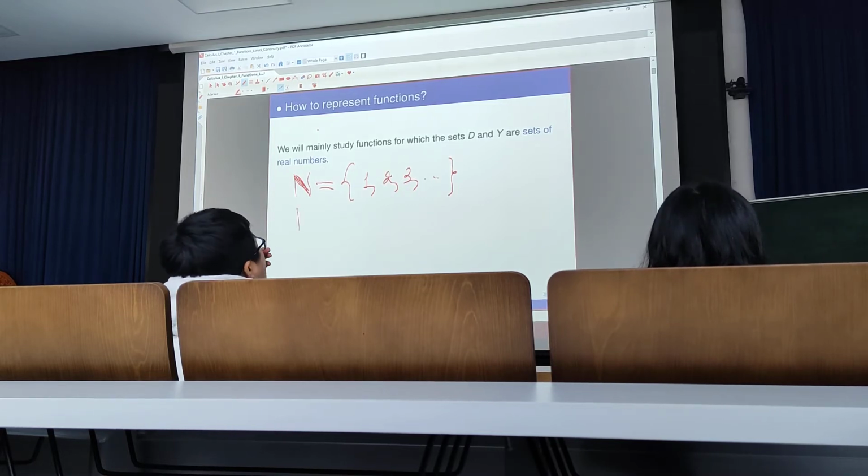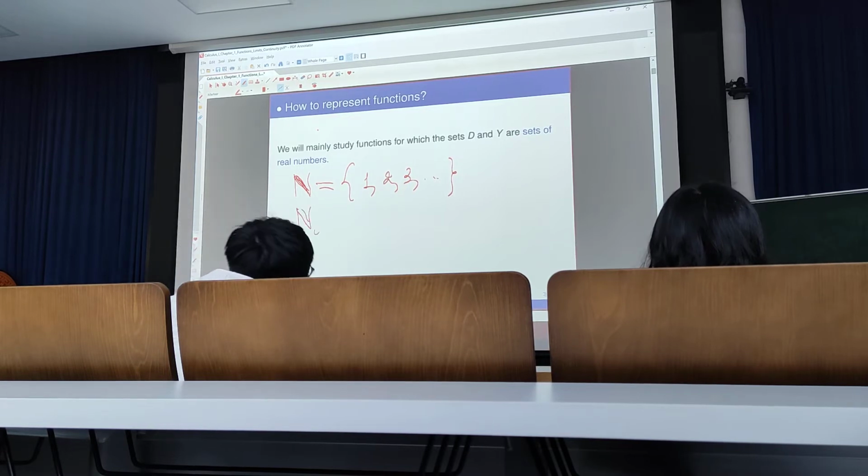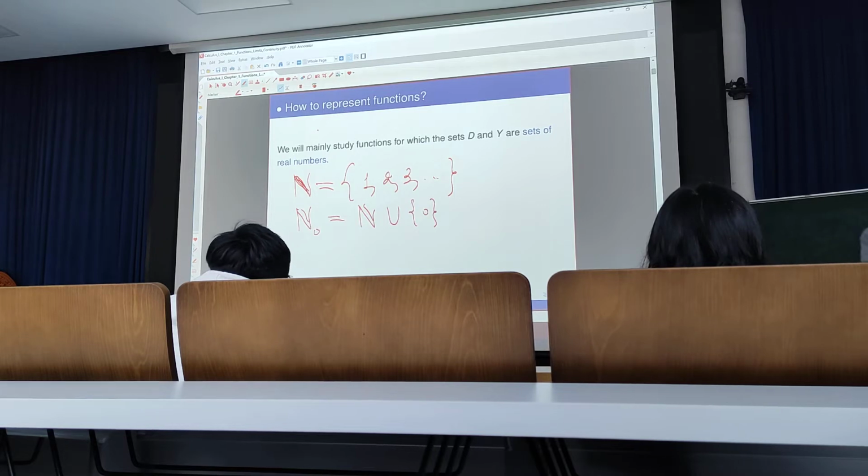In our course, we also use n sub 0, which means natural numbers union with 0. Here, very important. I think in your high school, you use n for that one, n starting from 0, right?